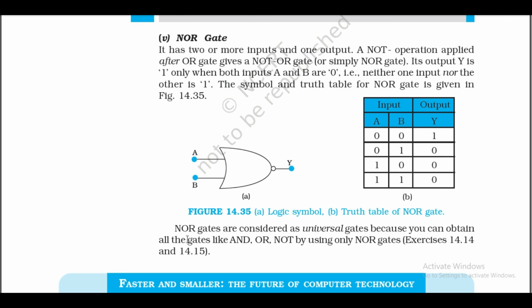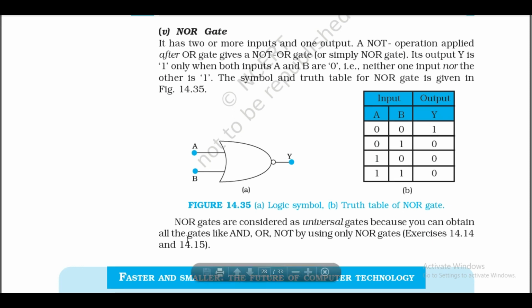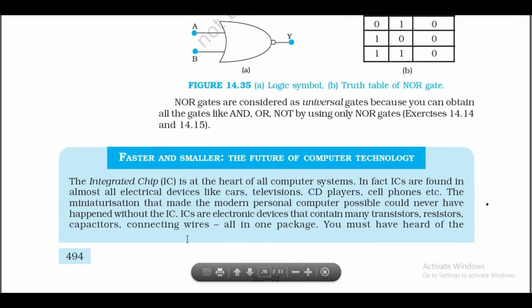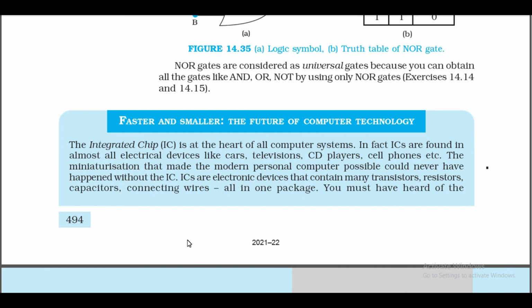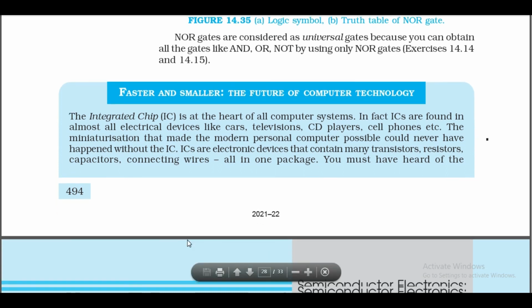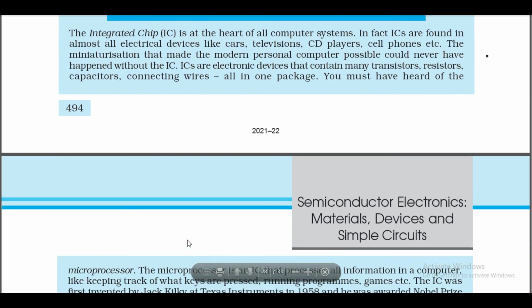The symbol and truth table for NOR gate is given in figure 14.35. NOR gates are considered as universal gates because you can obtain all gates like AND or NOT by using only NOR gates. Exercises 14.14 and 14.15.